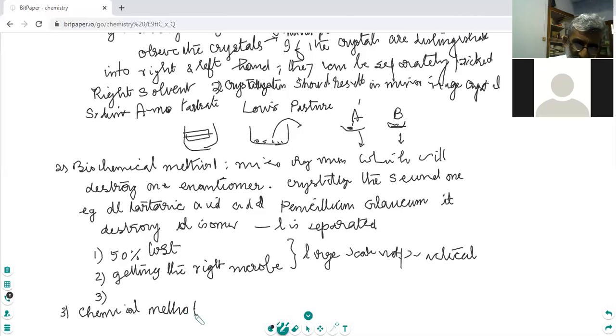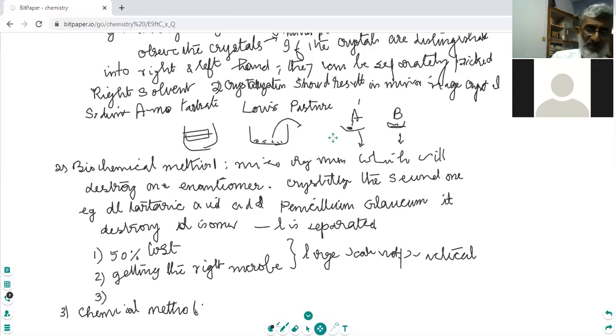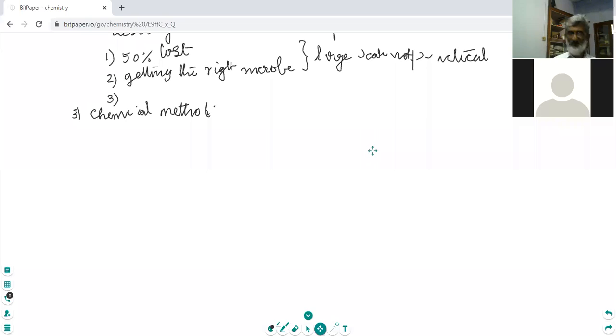Now there is a basic principle behind this, which you should learn. We have seen that enantiomers don't have any difference in physical and chemical properties except two.